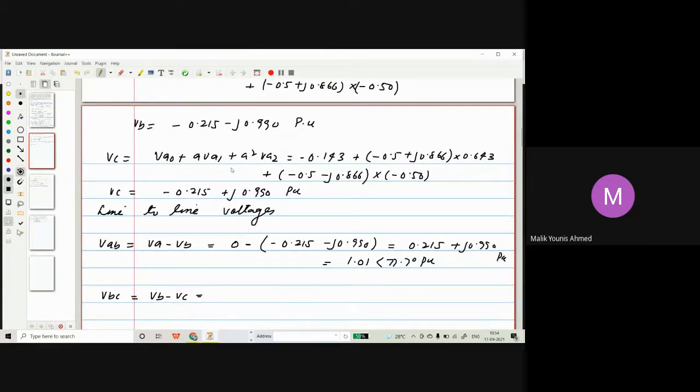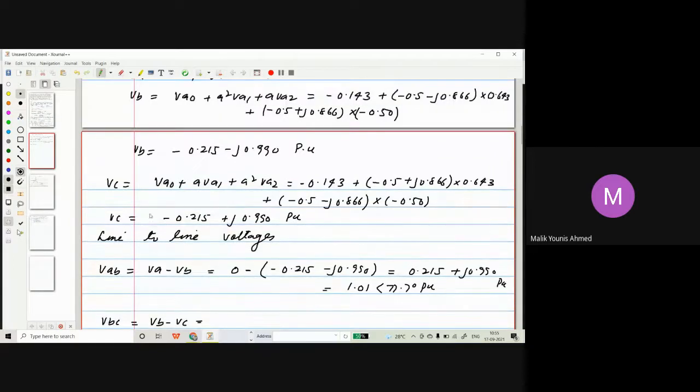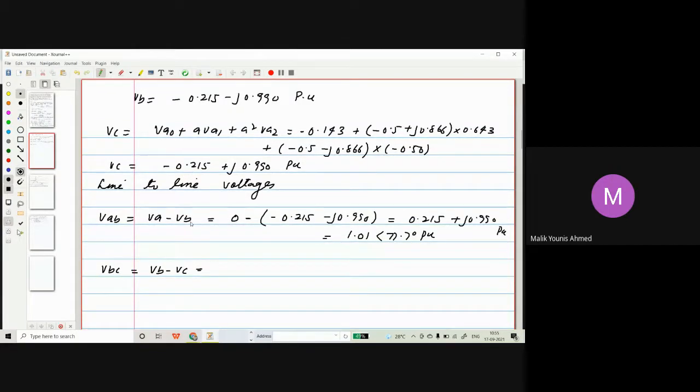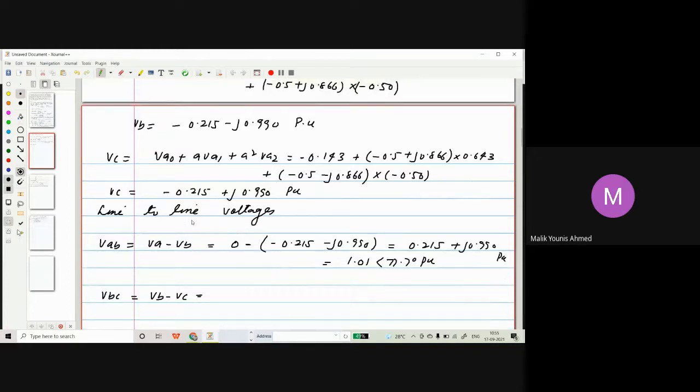VB is minus 2.15 minus j0.990, and you subtract VC. Just a second. What's the value of VB? VC. So you can cancel the conjugates, and why are we getting some different values? Just a second.